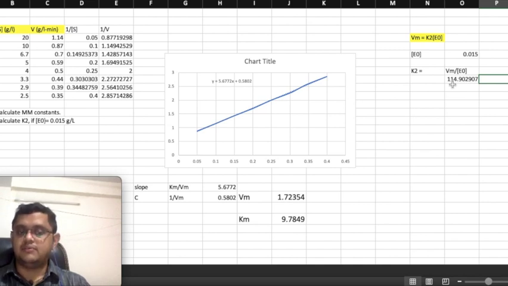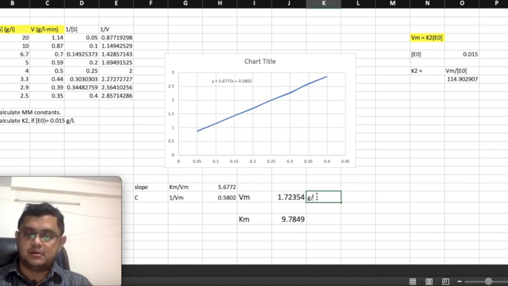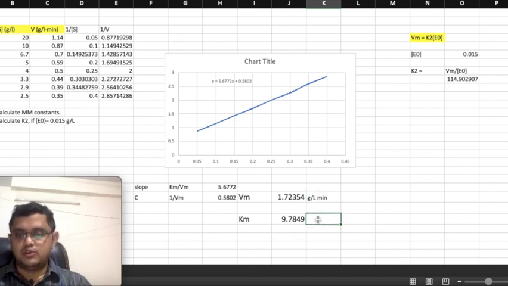Now let me write the units. Only numbers don't have a meaning, so we have to write the unit for everything, starting from Vm, Km and K2. So what is the unit of Vm? The unit of V is the same for Vm. So here the unit is gram per liter minute. What is the unit of Km? The unit of Km is the same as the substrate concentration, here gram per liter.